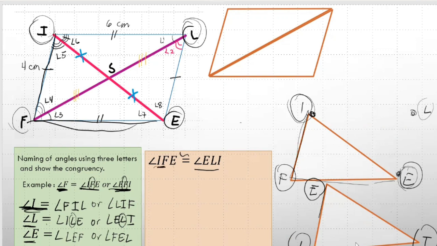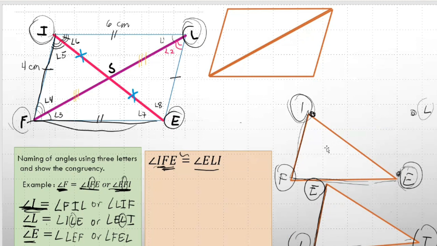And si FE naman natin is congruent kay LI. So therefore, yung pagkakasunod-sunod ng letters natin is also congruent or same measurement with our angle.